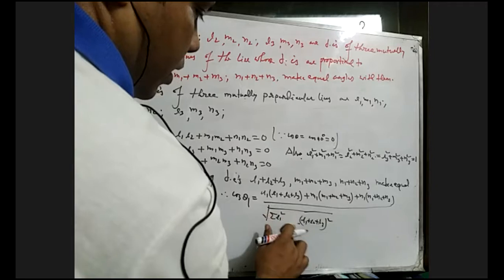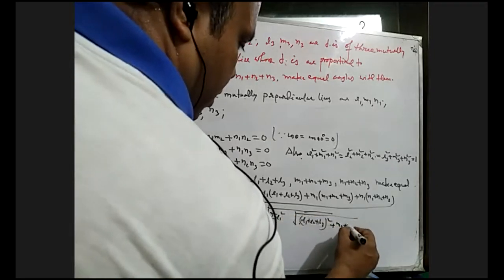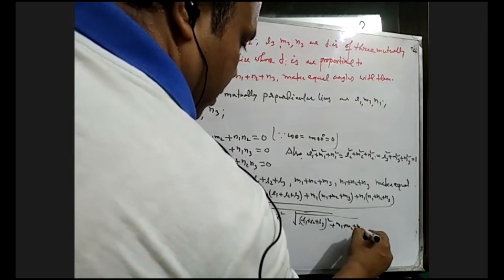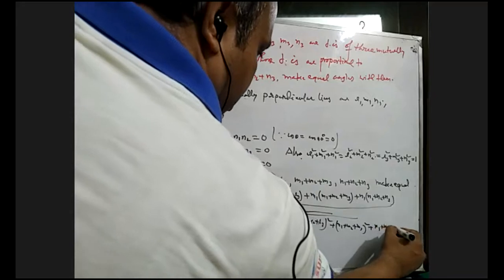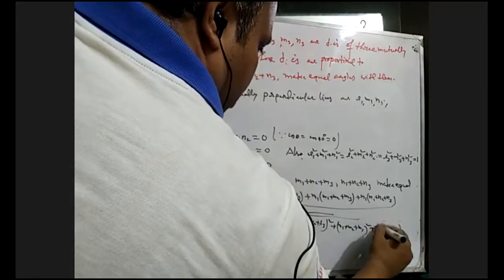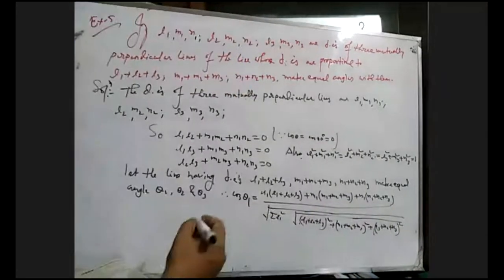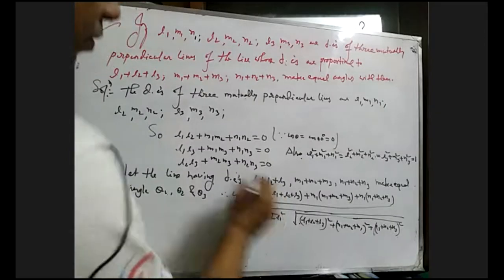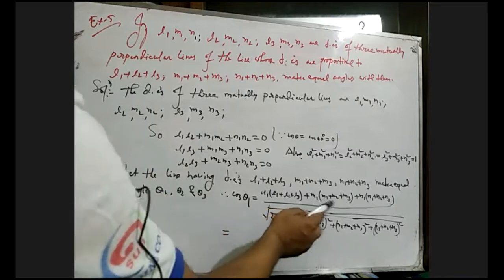Square root over (L1 plus L2 plus L3) whole square plus (M1 plus M2 plus M3) plus (N1 plus N2 plus N3). This is whole square root over. Okay, so for the first one we can write L1 square, M1 square plus N1 square.